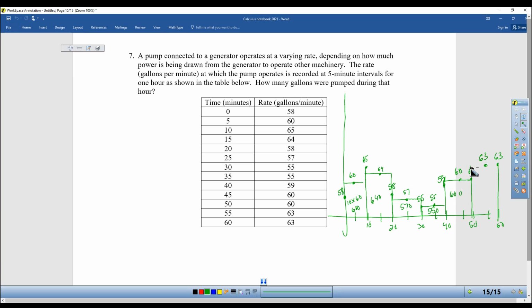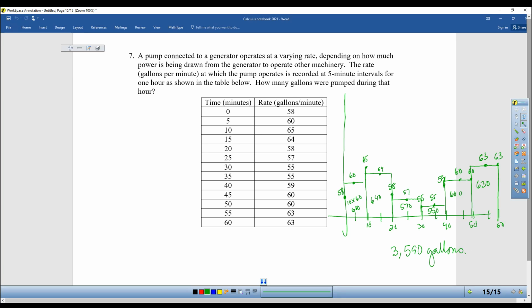And then also this one I'm going to have to extend the line because the midpoint is higher than the left side, 630. Okay. I could use LRAM or RRAM, but obviously MRAM is going to be the most accurate. So if I add those up, I get 3,590 gallons.